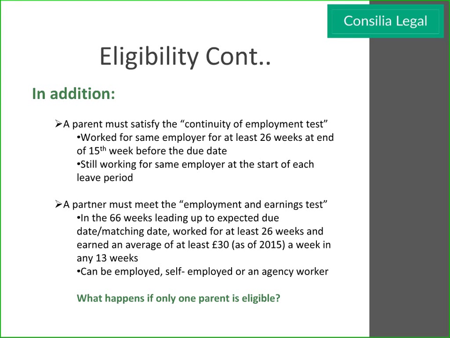And if they do, then their partner, if they are an employee, will still qualify. Even if their partner is only self-employed, they're more than likely going to meet that employment and earnings test because it's quite a low test. And then they could pass the eligibility back to the partner who is an employee, and they will then qualify for it. So it's just a different way of looking at it.